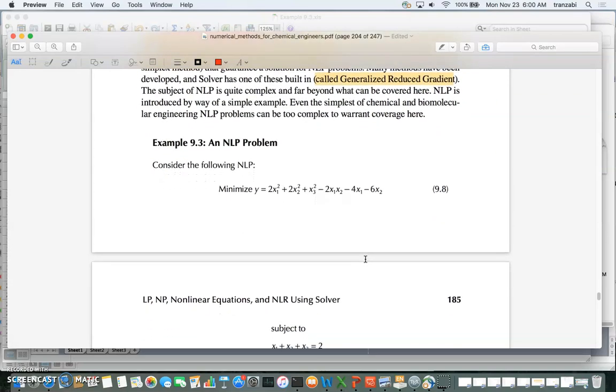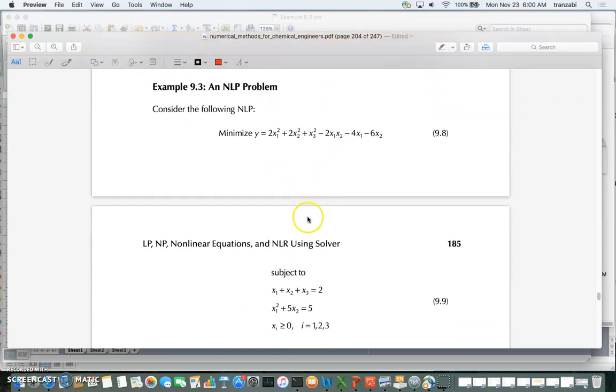Let's say we want to minimize an objective function like this, which is function of x1, x2, x3, subject to three constraints where x1 plus x2 plus x3 is constant, x1 squared plus 5 times x2 is also constant, and the non-negativity constraints where we had for linear programming as well. So let's see how we're going to minimize this using these three constraints using spreadsheet or the solver.